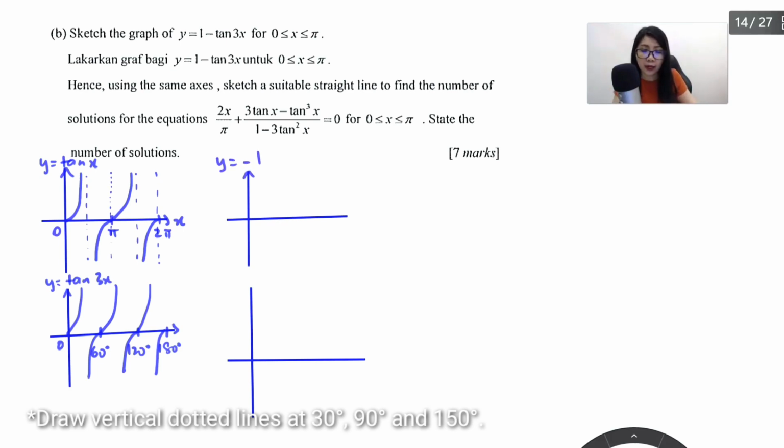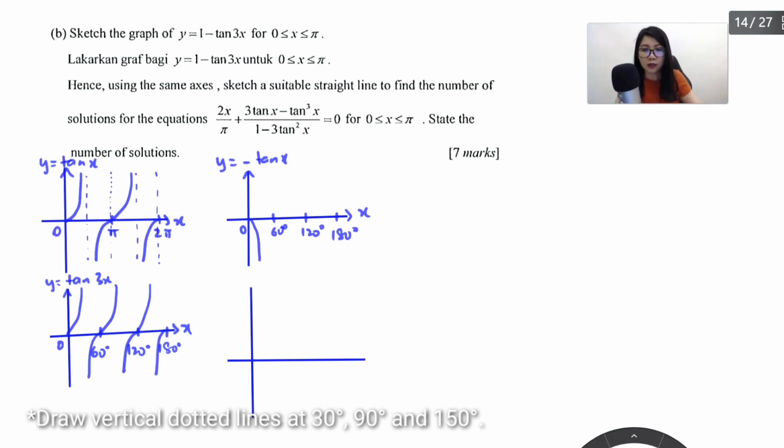So y equals negative tangent x. So from the top it will bounce to the bottom. Okay, so I'm going to draw back 60, 120, and 180. This is x. Okay, so this is the origin. So from there is top, so we bounce to the bottom, so it looks like here, going down like that.